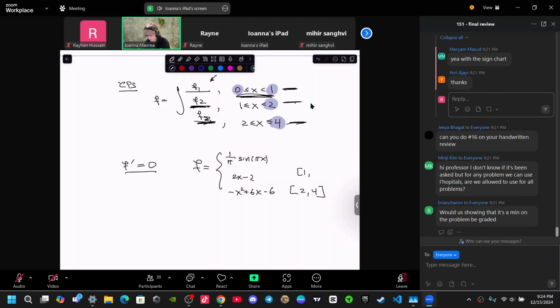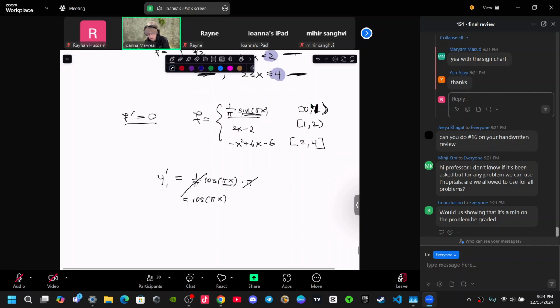This is the interval from 1 to 2, and this is the interval from 0 to 1. So I'm going to take the derivative of the first piece. The derivative of sine is cosine, and the chain rule says the derivative of pi x is another pi, so the pi's disappear. So the answer is cosine of pi x.